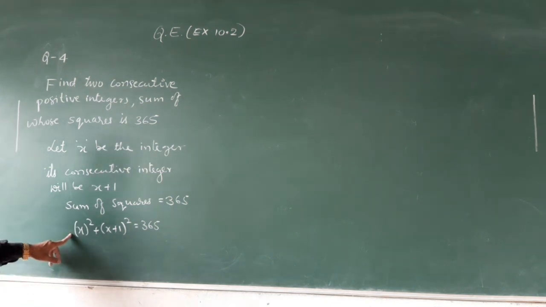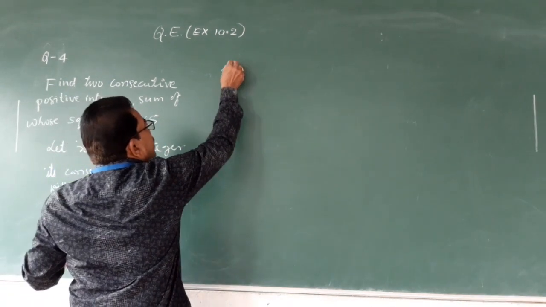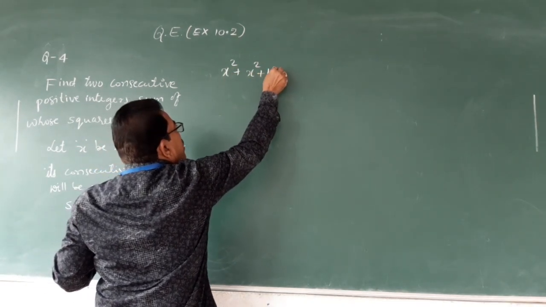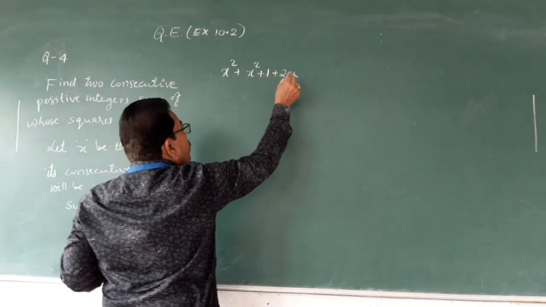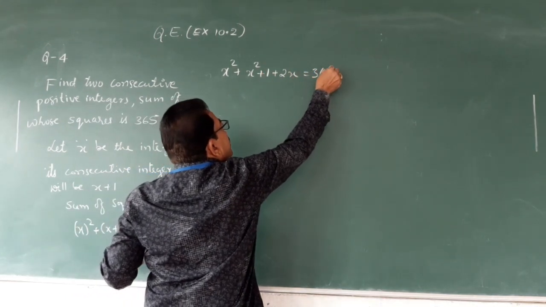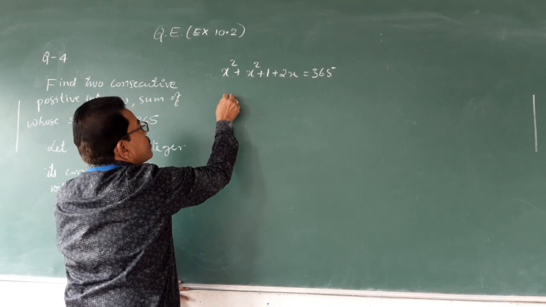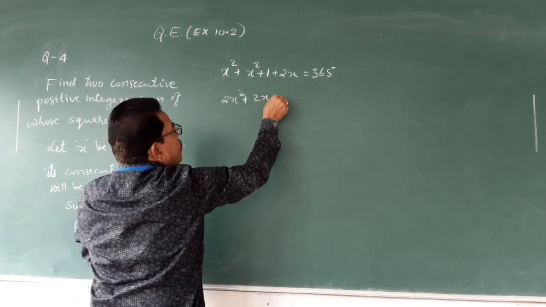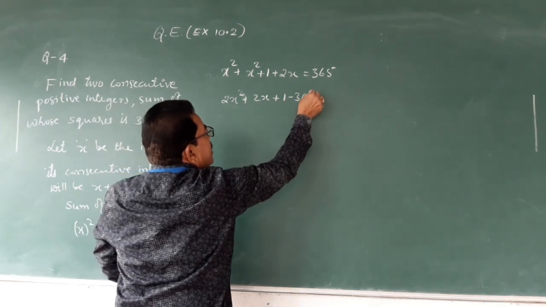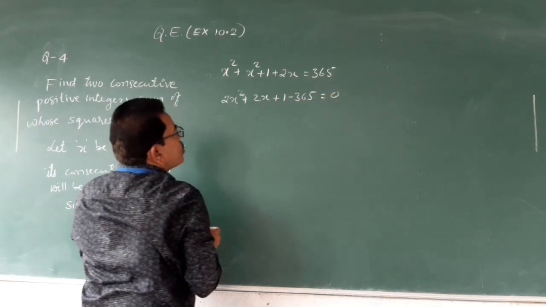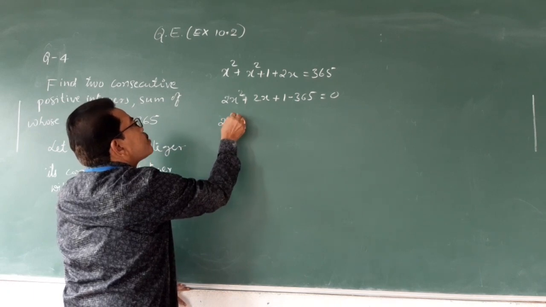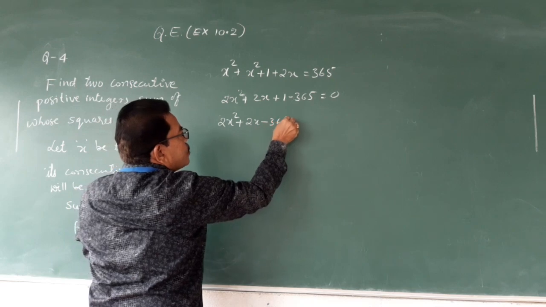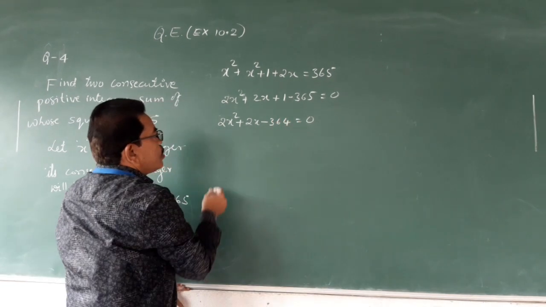Let us expand this one. x square plus x square plus 1 plus 2x equals 365. 2x square plus 2x plus 1 minus 365 equals 0. Okay, 2x square plus 2x minus 364 equals 0.